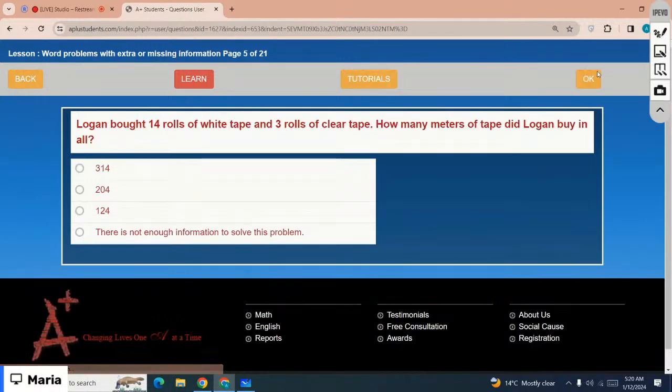Okay, the next one is, Logan bought 14 rolls of white tape and 3 rolls of clear tape. How many meters of tape did Logan buy in all? So, which is the correct option? In the question you are given, he bought 14 rolls of white tape and 3 rolls of clear tape.